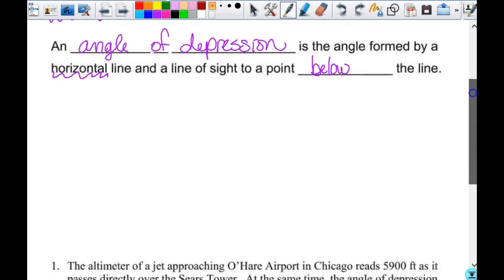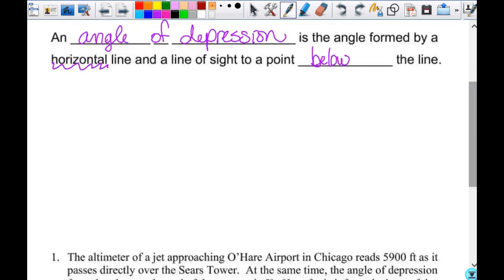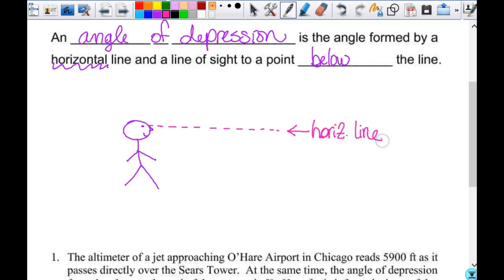So here's a little picture we're going to draw. Just draw a little person, and he's looking sideways. Then he's got a horizontal line. So basically, look straight ahead.